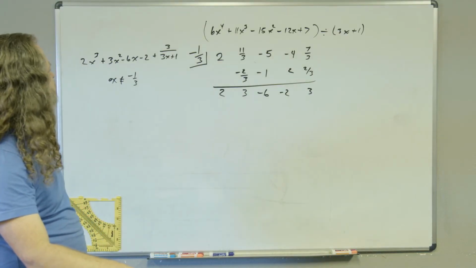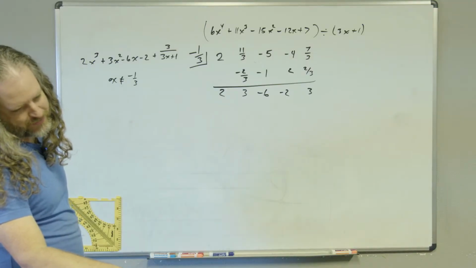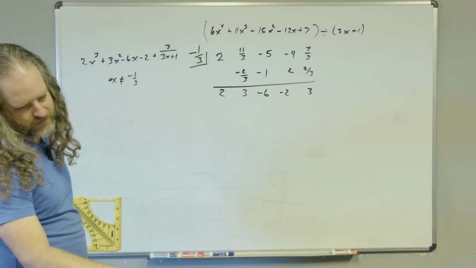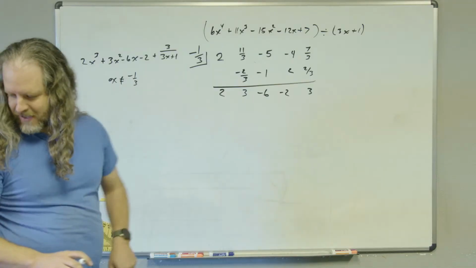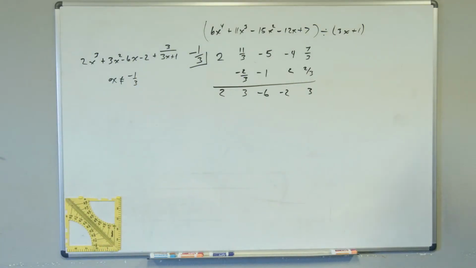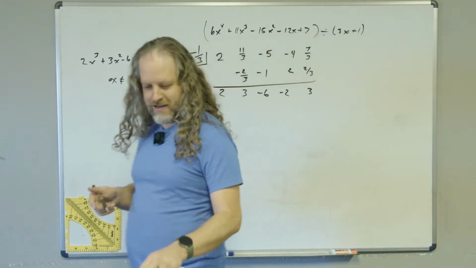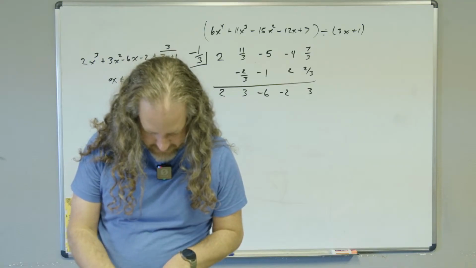Whoa. We didn't get the same answer as the book, but I think theirs might be a mistake. What did we get? 2x cubed, 3x squared, minus 6x. Yeah, theirs is a mistake. I should fix that in my book. They got 9 as the remainder, and I see what happened, but 9/3 became 9.